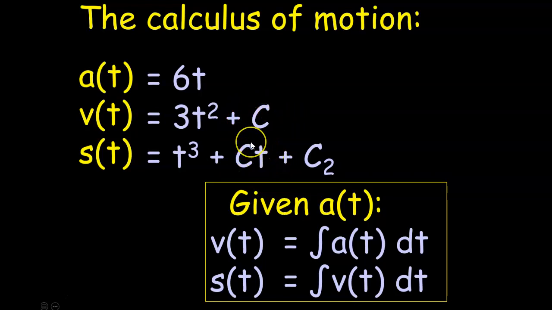Just like when we had 5, the antiderivative of 5 with respect to x would be 5x. Same thing, I got a constant, and the antiderivative of that constant gets the variable, so it's c1 t, plus the second constant. I got to label it with this little 2 right here because it's not the same number as this c1. So that's going backwards from acceleration to position.